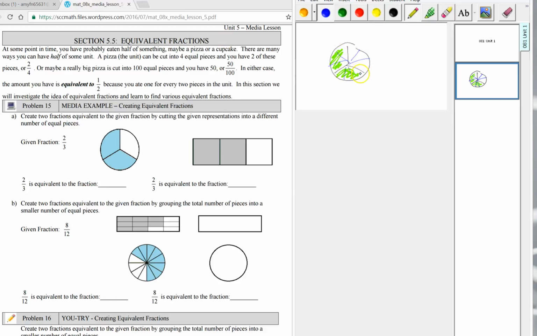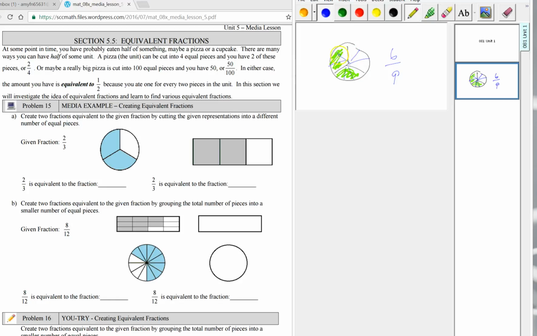Now, you probably can't see it because this picture is bad, but there are now 9 pieces, and 6 of them are shaded. So we want them to be able to see this cutting, how it makes more pieces, which is counterintuitive sometimes, and then the corresponding amount of pieces shaded also increases along with the total number of pieces.